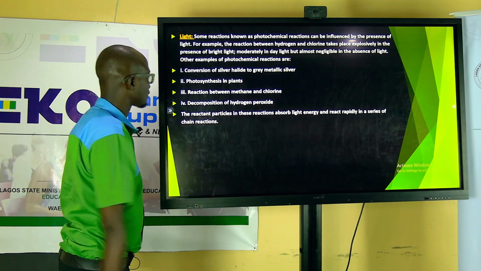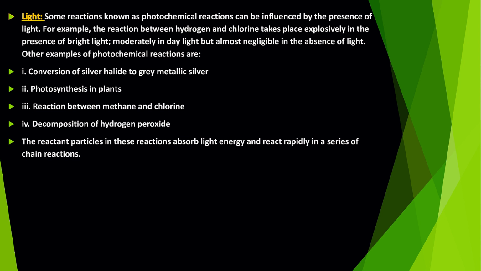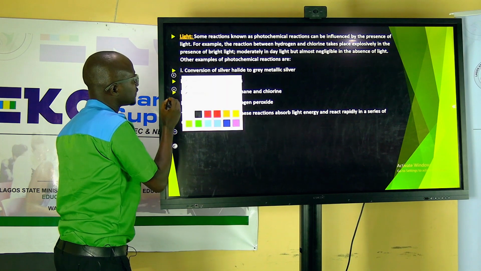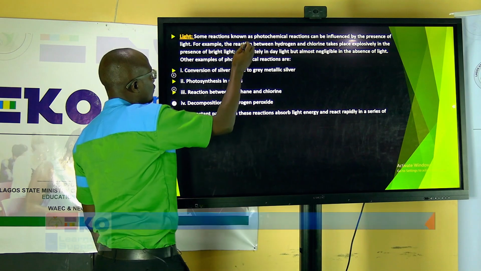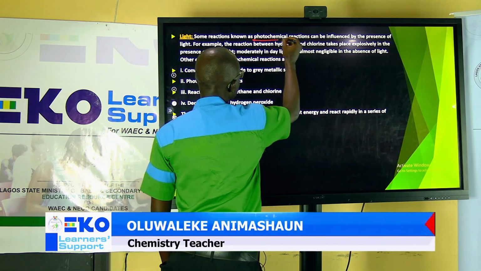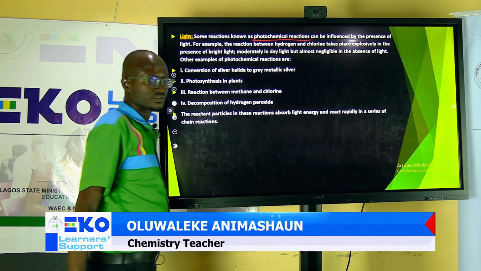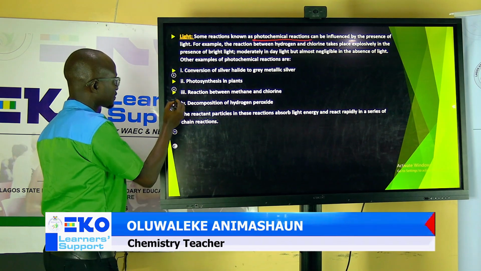Reaction between methane and chlorine, and as you have seen, all these reactions are influenced by light. Take note of this. Reactions that are influenced by light are called photochemical reactions. Please let's take note of that, students.